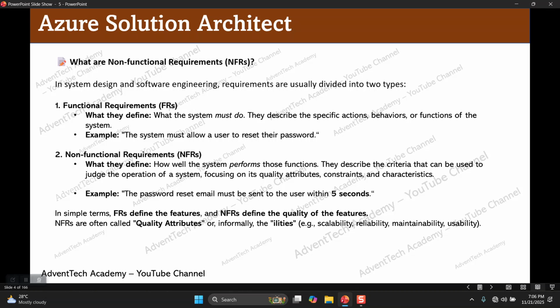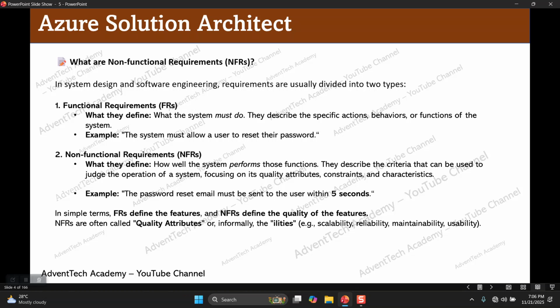It is the behavior or function of the system. So the functional requirement will describe the overall aspect of the software or solution. For example, the system must allow a user to reset the password. That is one functional requirement.